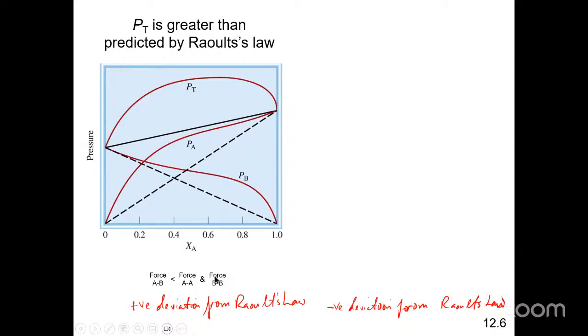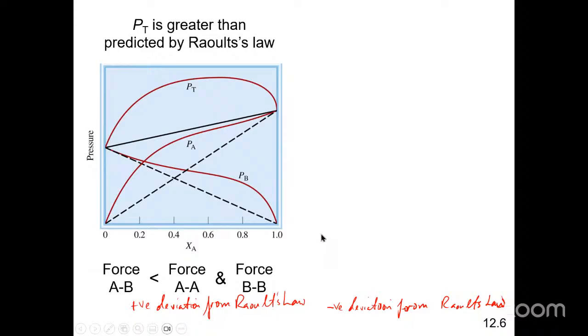The reason is that the intermolecular forces between the molecules in the solution are weaker compared to the intermolecular forces in the separate components that make up the solution. As a result, you're going to have more vapor molecules present above the solution, and therefore the vapor pressure will be higher, right? So we call this a positive deviation from Raoult's law.